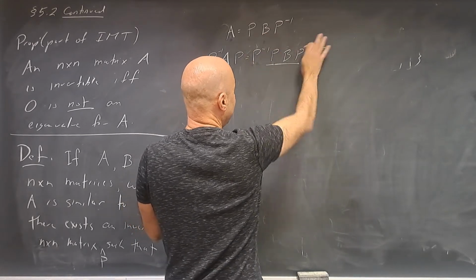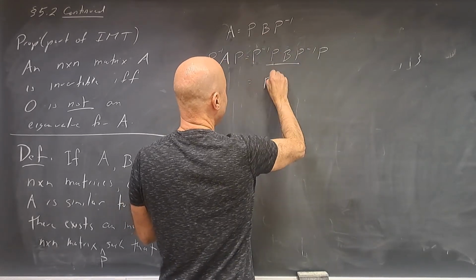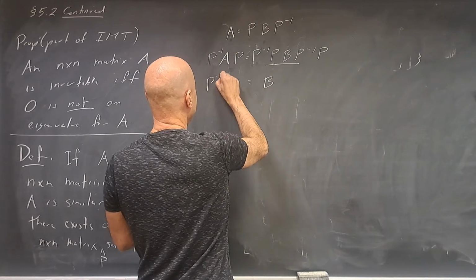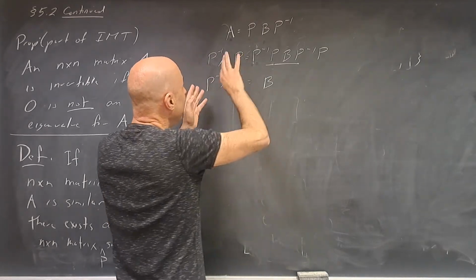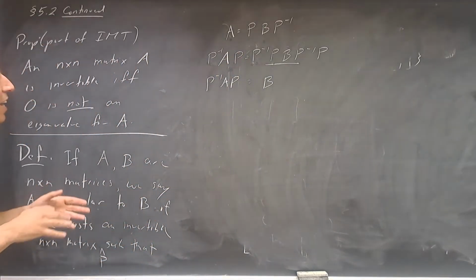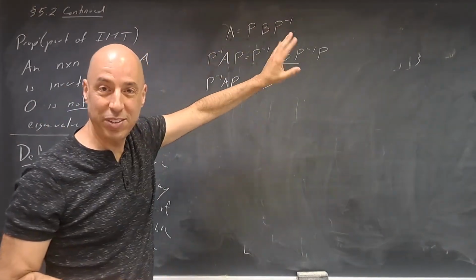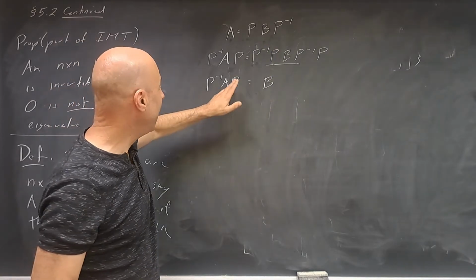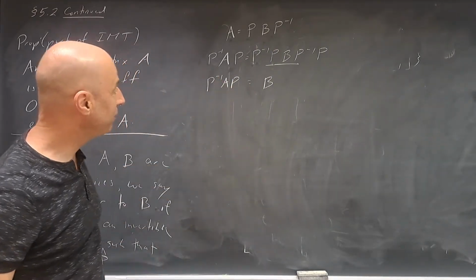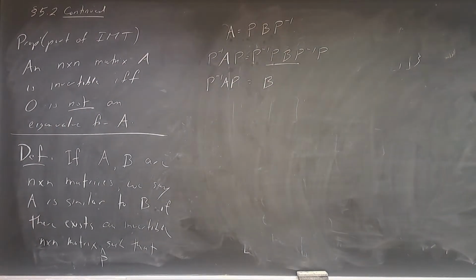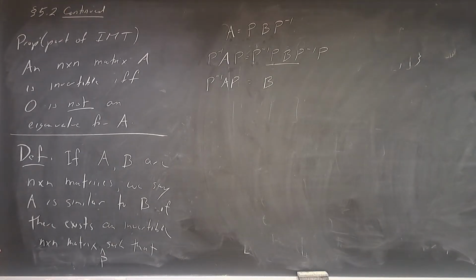That goes away. P inverse times P is just the identity. And so I could have just as easily written B equals P inverse AP. So if we can get from B to A using one of these invertible matrices with its inverse on the other side, we can get from A to B doing the same thing. So that's what it means for two matrices to be similar.